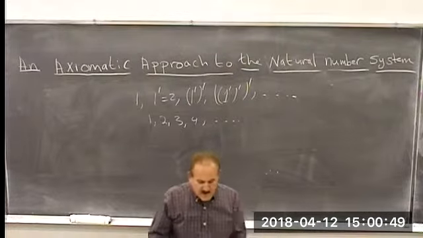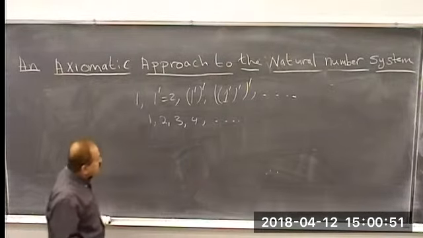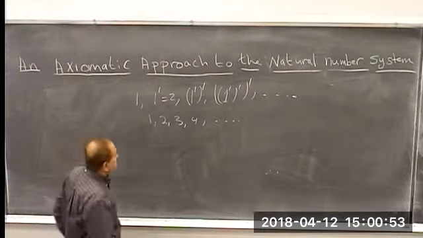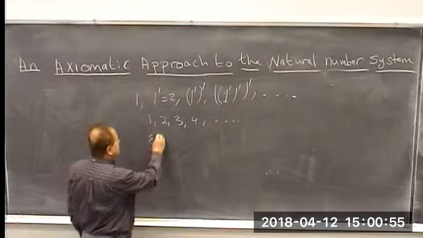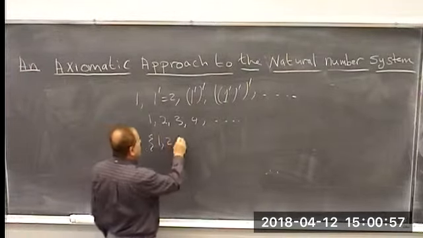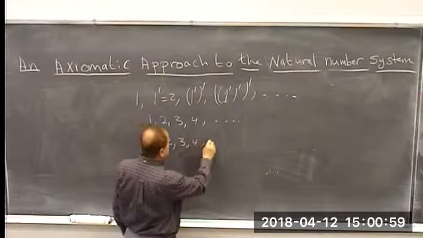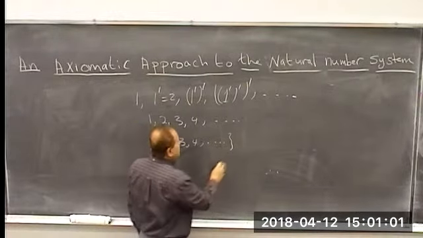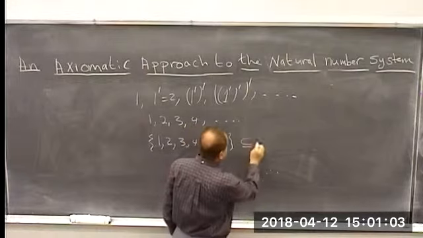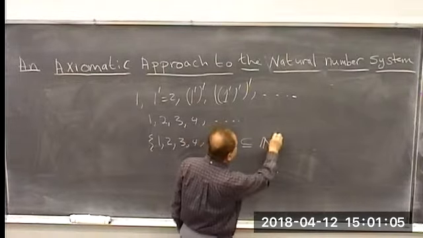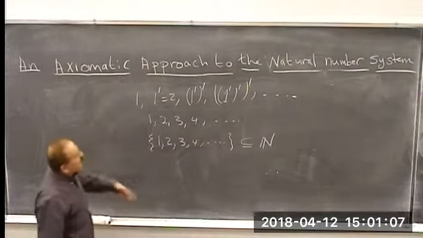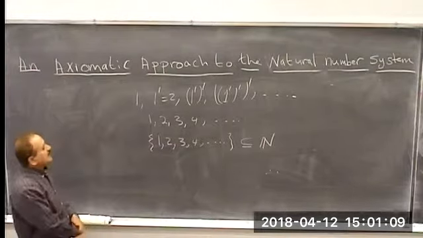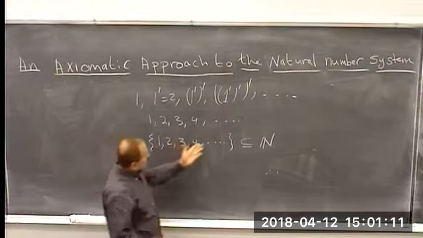Now, so far what we have is we created this set of natural numbers, and these are all contained in this set that we started with, being not empty, with 1, and then we built all these numbers.